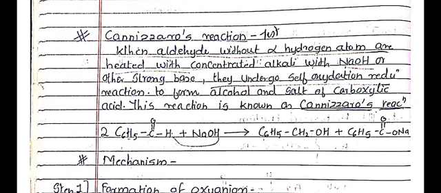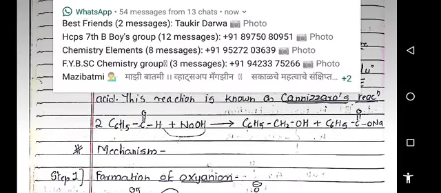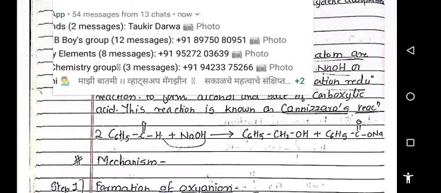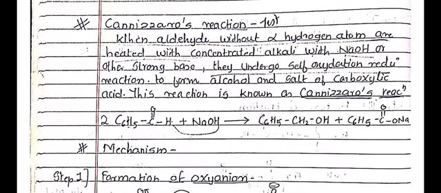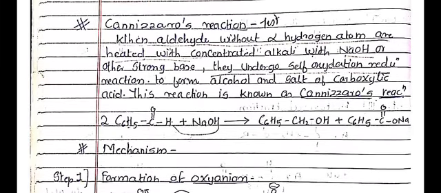These three parts are very helpful to identify named reactions. Whenever you are studying any named reaction, you have to focus on these three parts: the reactant, the reaction conditions, and the product.